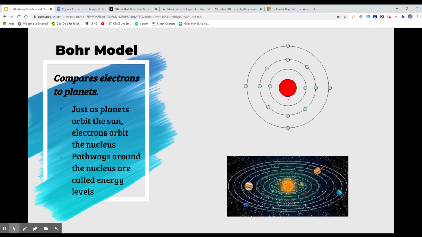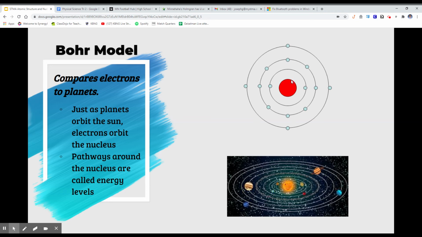Now in this model, we have 1, 2, 3 energy levels, and we have 1, 2, 3, 4 electrons in the outermost level, right? That would be 4 valence electrons. In a Bohr model, we are only worried about the electrons. We're not putting how many protons and neutrons are in the nucleus. So in this Bohr model, we would have, I believe, silicon.